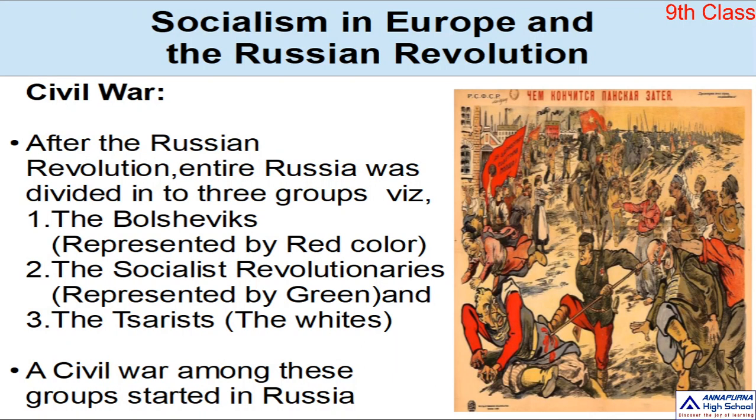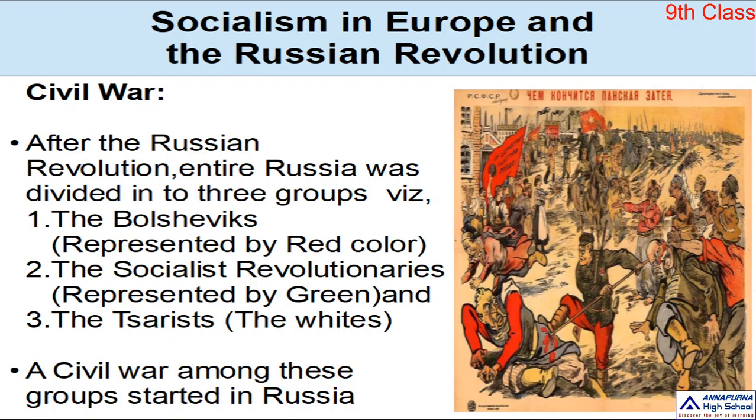Right. Now, civil war. The title of our lesson is Socialism in Europe and the Russian Revolution. Let me tell you how a civil war broke out in Russia. After the Russian Revolution, that is after 1917, the entire Russia was divided into three groups.